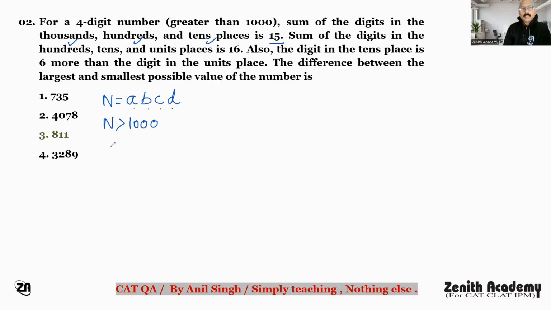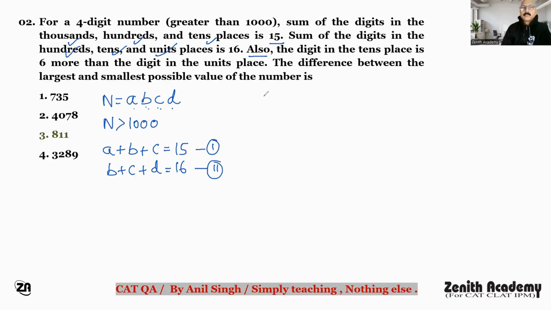So thousand is A, hundred is B, and tens is C. A plus B plus C is equal to 15. And sum of the digits in the hundred, tens, and unit. B plus C plus D is equal to 16.